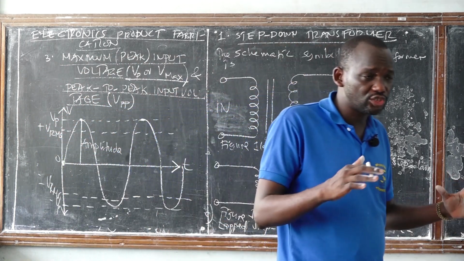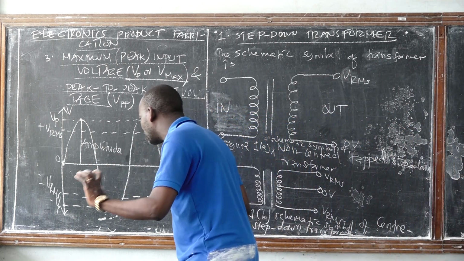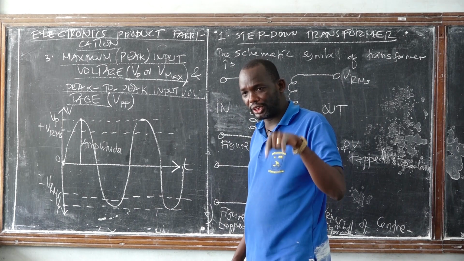In most simulation software, if you pick a power source called the alternator, they give you a chance to write the amplitude of the alternating voltage that you want. They don't give you a chance to write root mean square voltage. That's why we taught you in AC theory in advanced secondary education.